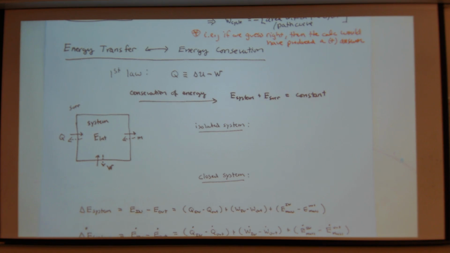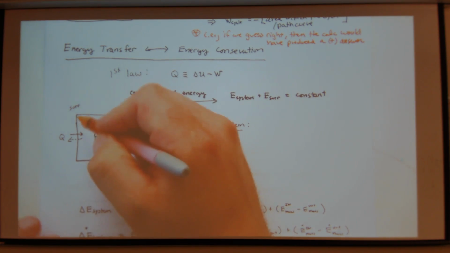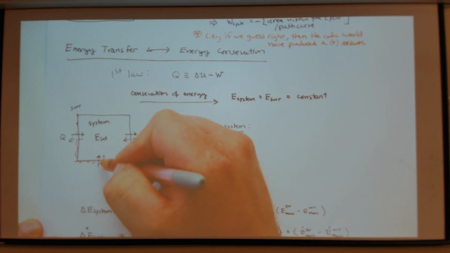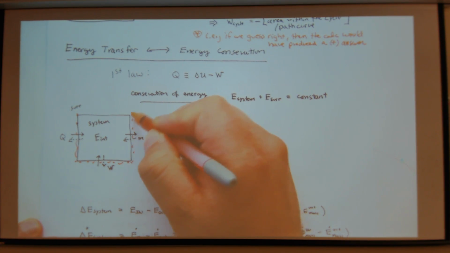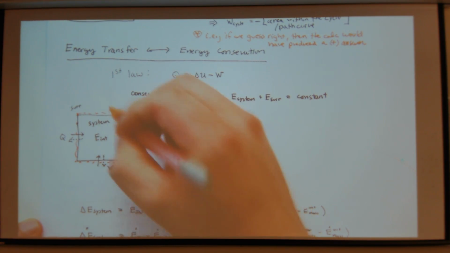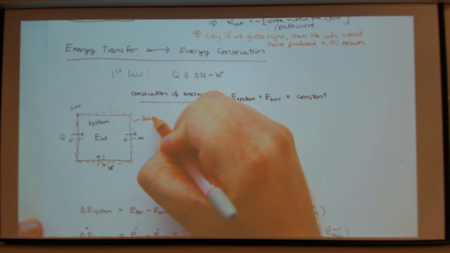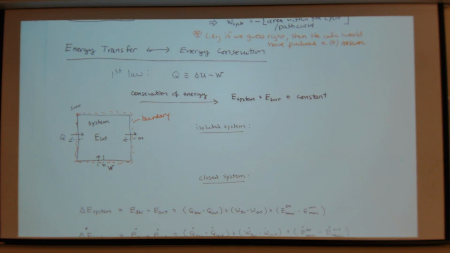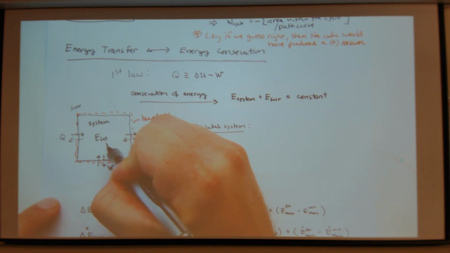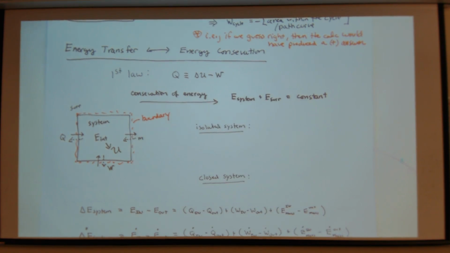So here's my block diagram of some system. It has an internal energy. Let's put the box around it to represent the boundary. And I have an internal energy. Instead of writing E sub int, I could just put a U. Just different nomenclature, right?